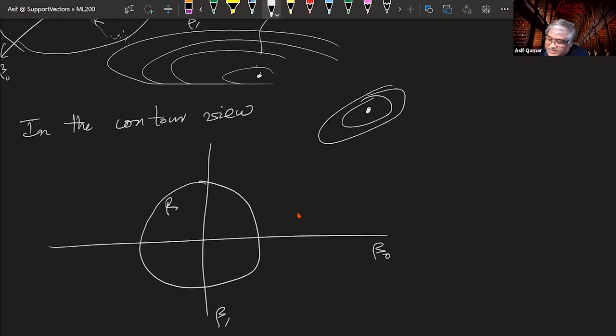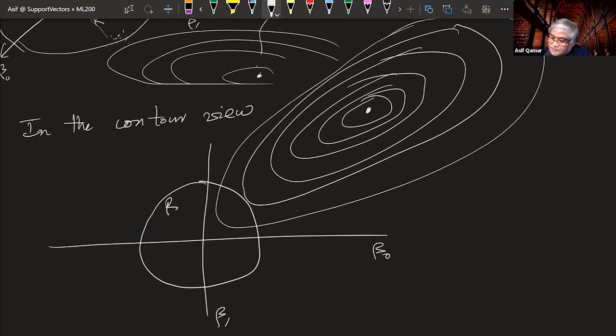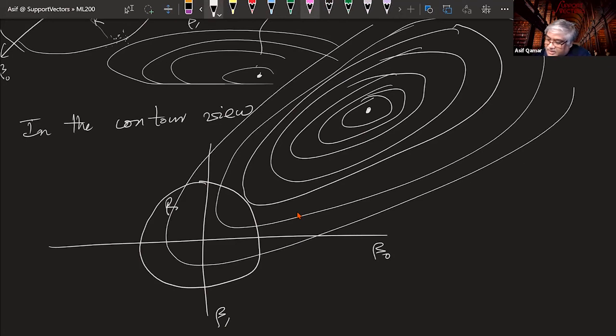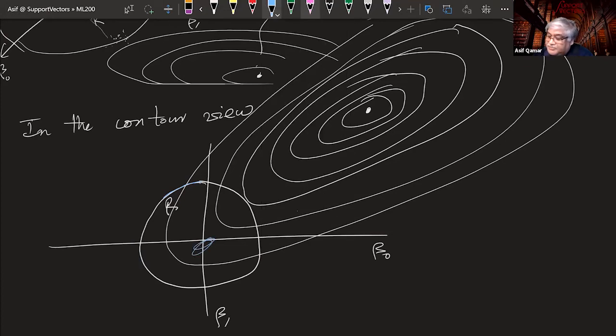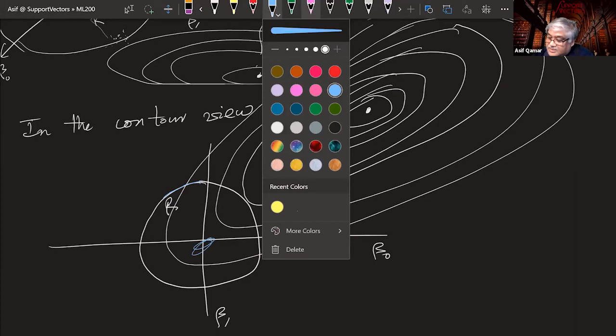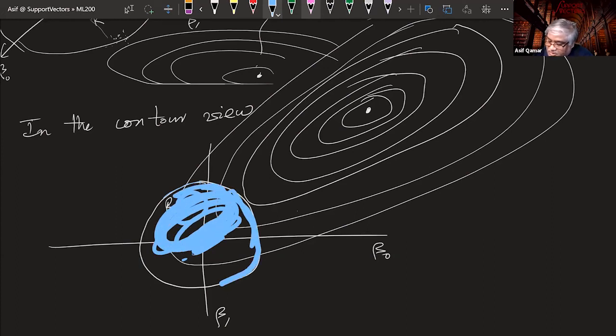And it has its contour lines like this. And then more contour lines go here. More contour lines go here. So you notice that inside the disk, let me mark the disk with big fat strokes. This is where you want to be, right?